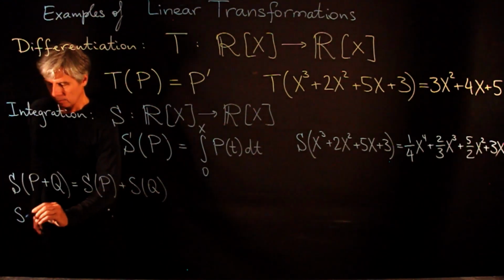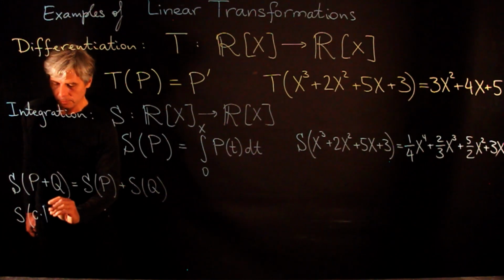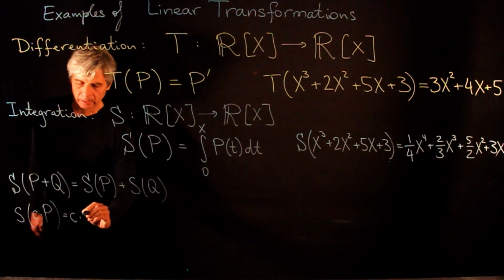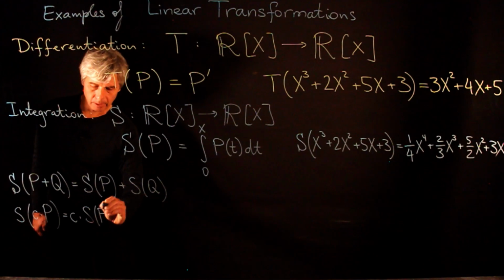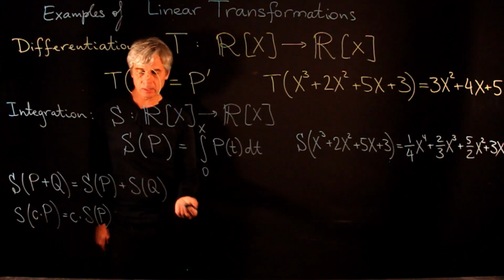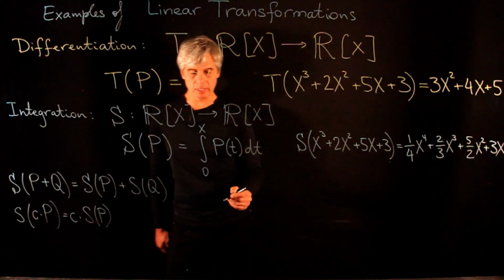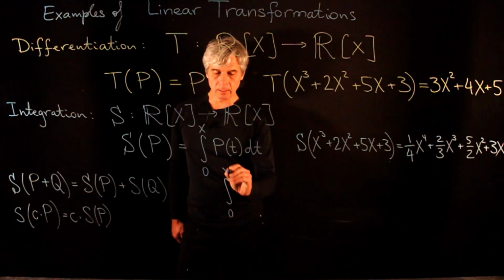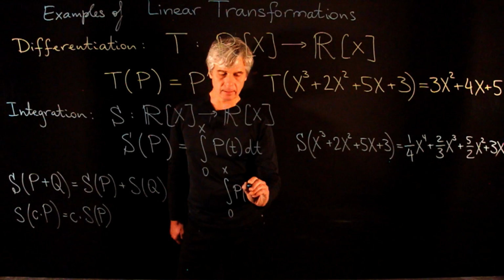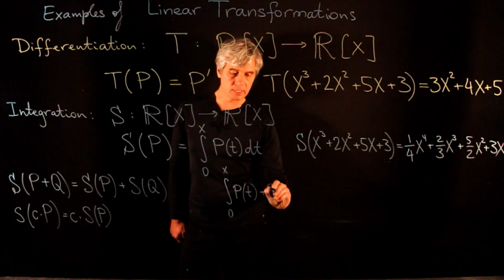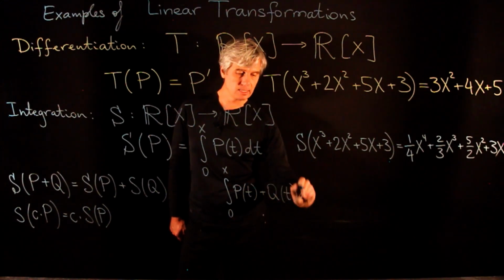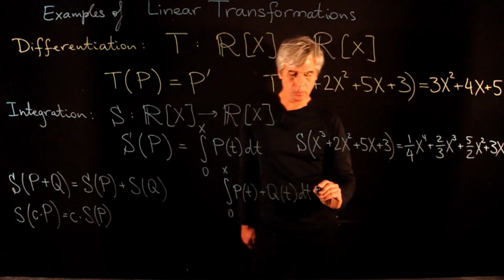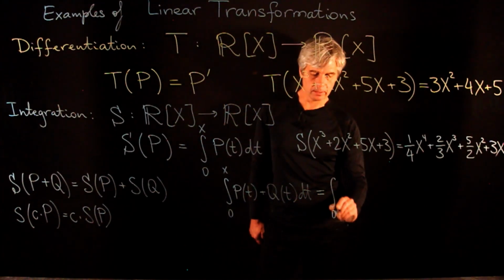And S of constant times P is constant times S of P. And again, these are two theorems from calculus. So the first one says that the integral of P of t plus Q of t dt is equal to the sum of two integrals.